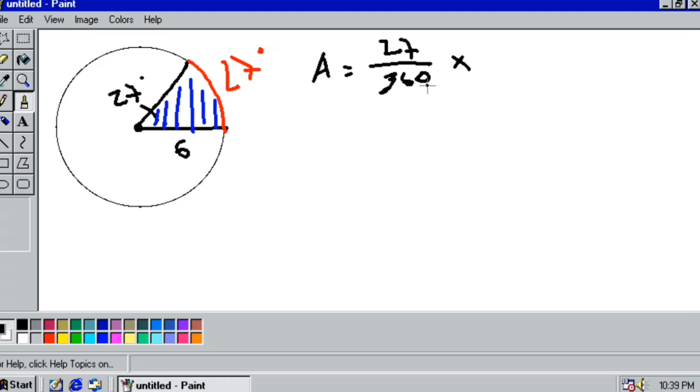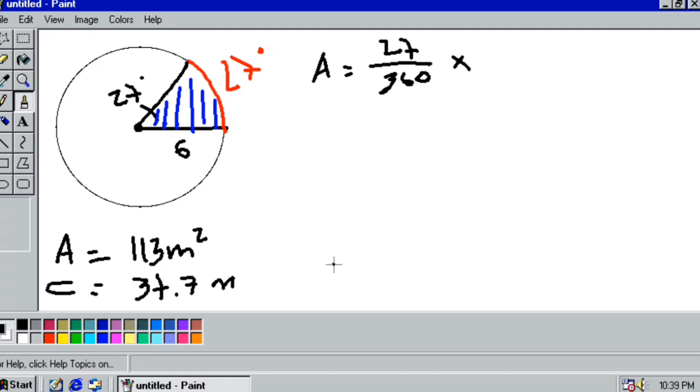By the way, this problem is related to the previous example. When we recall the area earlier, since the radius here is 6 and the last problem is also 6 meters, that was 113 meters squared, and our circumference earlier was 37.7 meters.